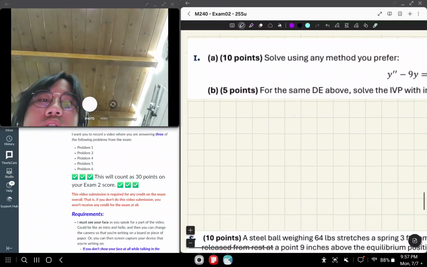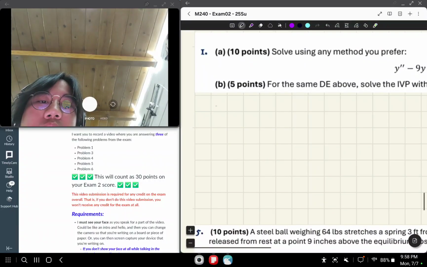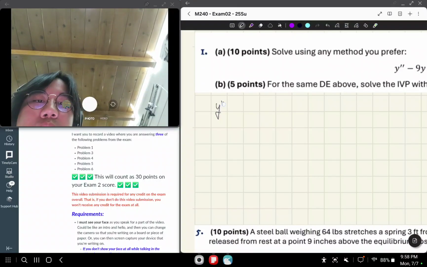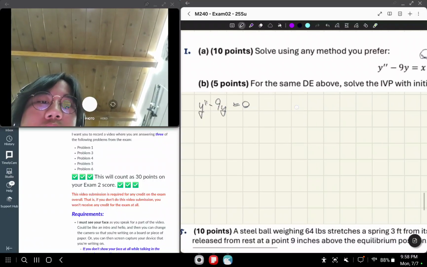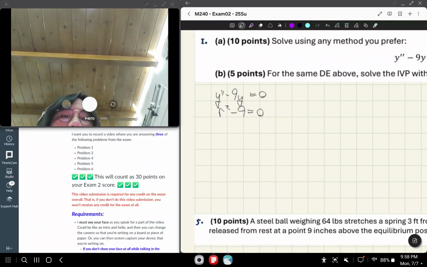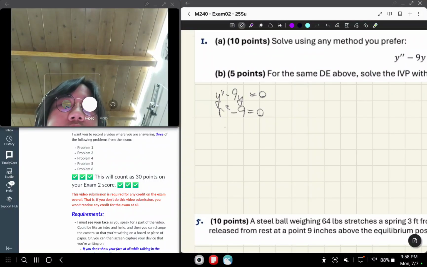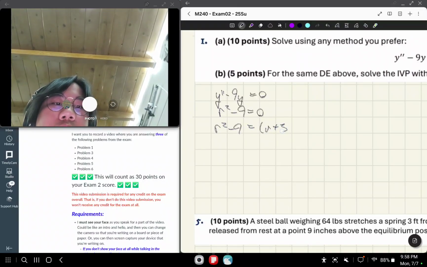Okay, so to get the characteristic, to get y sub c, we need to set the equation equal to 0 and turn this into r squared minus 9. And here we have a difference of squares, so this can be written as r plus 3 and r minus 3.